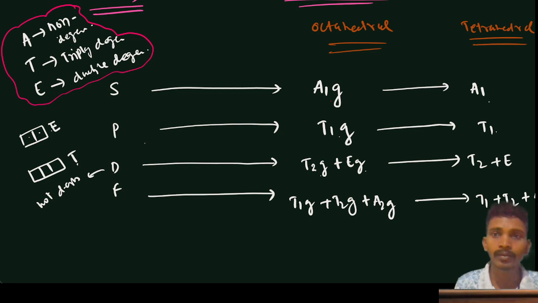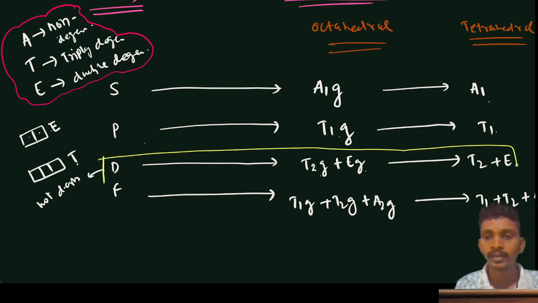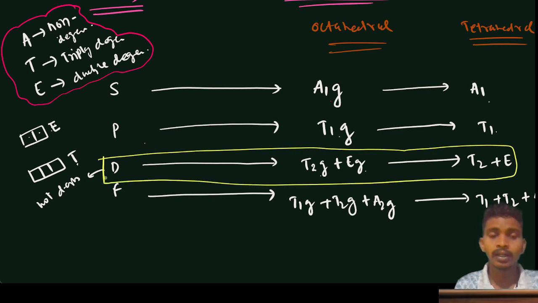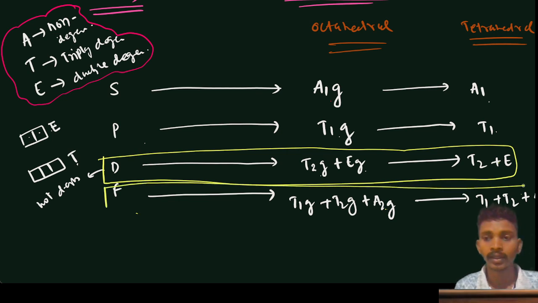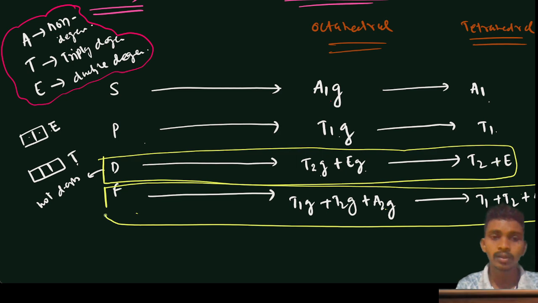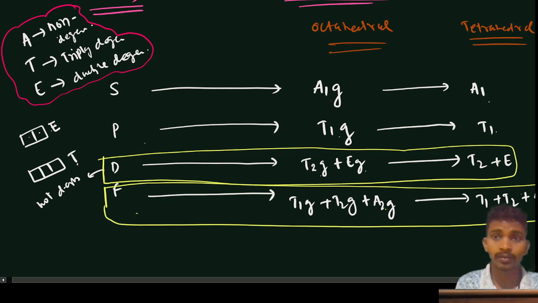We can memorize D by taking the d orbitals, because they are either doubly degenerate or triply degenerate. And for F, T1g will come, T2g will come, after that A2g will come. Okay, so these are the very important things, and they are repeatedly used in doing Orgel diagrams.